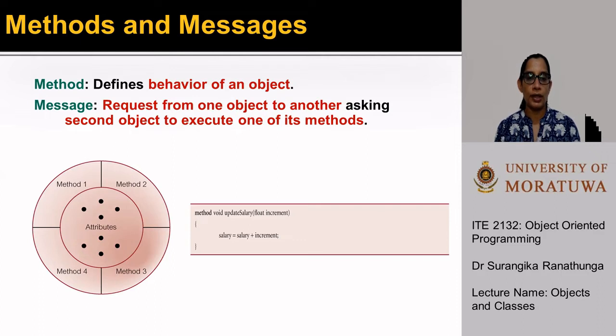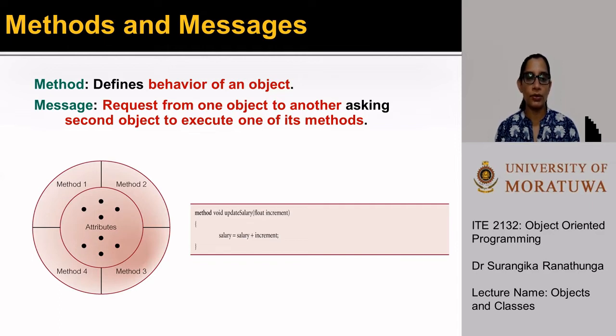Now why are the attributes in the middle circle and the methods in the outer circle? That is a very important principle in object-oriented programming, which we call encapsulation, and you'll be learning it in the coming lectures. It means the attributes of an object should not be exposed to other objects. Other objects should not directly retrieve the attribute values.